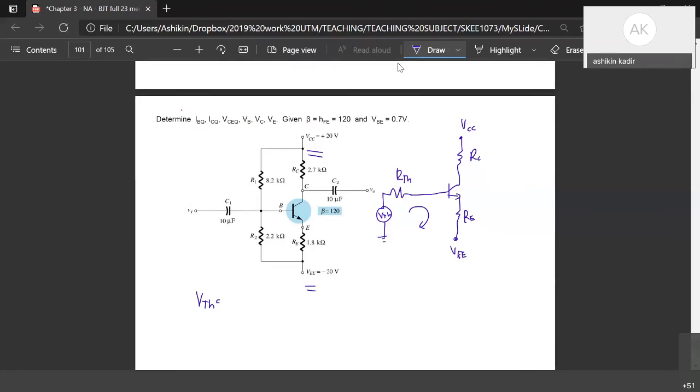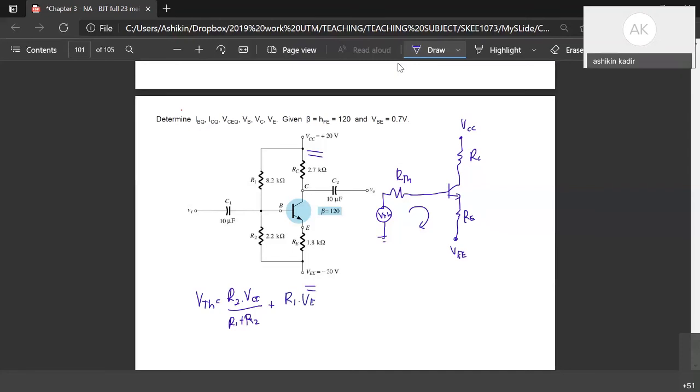That's why you don't bother much about the R2 resistor. But now you have two sources, VCC and VEE. So for VTH, firstly you have R2 multiplied with VCC divided by R1 plus R2, and then you need to add the VEE part, where you multiply with R1.